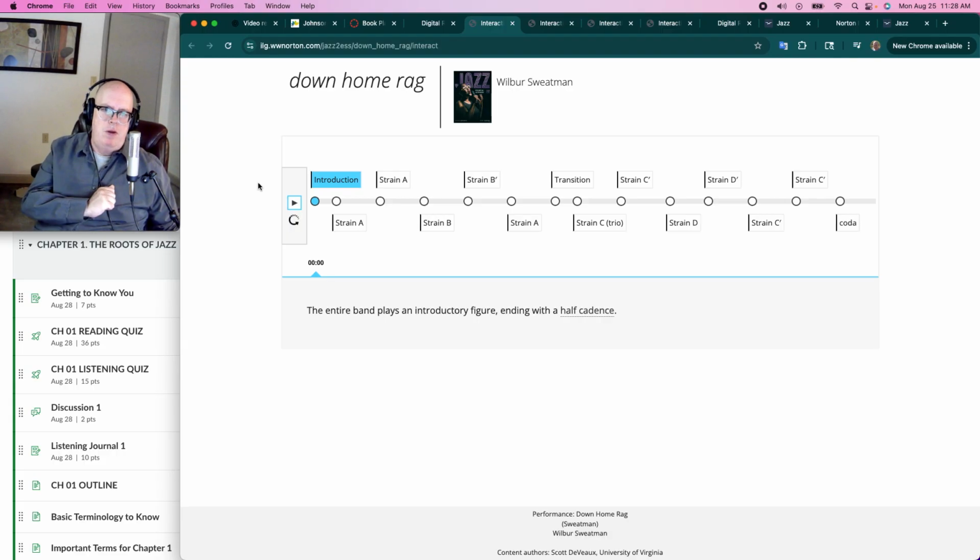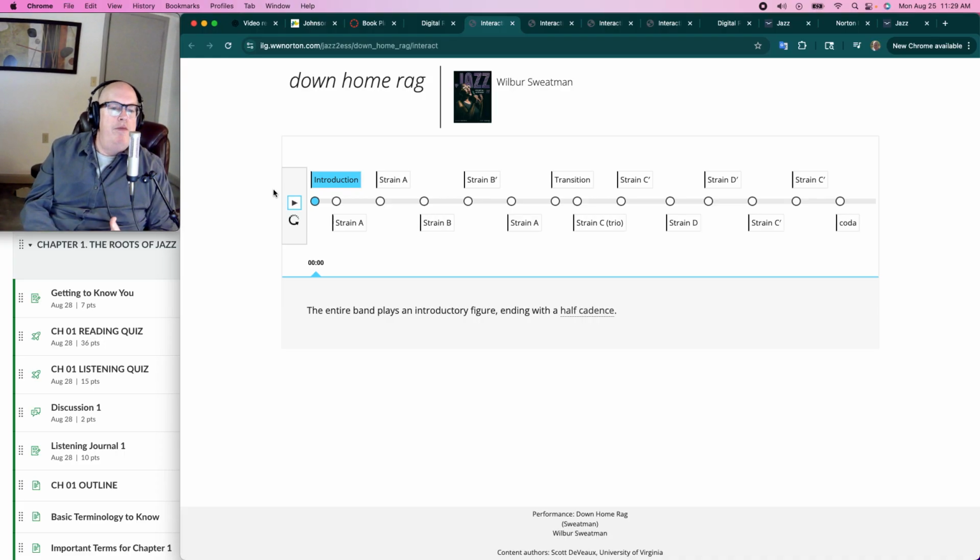That's John Philip Sousa type style. That's the march. Well, the ragtime came out of the march, and the old famous ragtime piece by Scott Joplin, Maple Leaf Rag. That kind of rhythm that happens in that. This is what influenced Wilbur Sweatman.